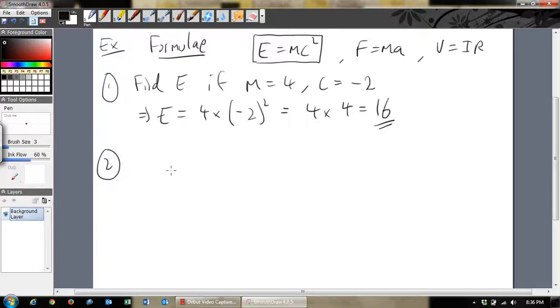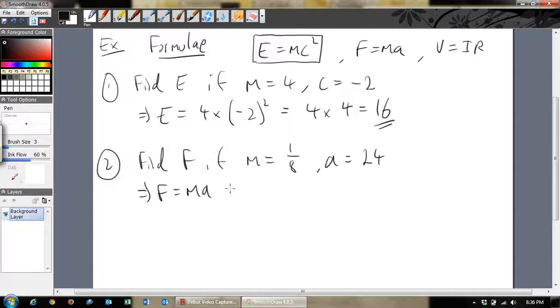Okay, another example. Find F if m is equal to 1/8 and acceleration, oops, I'll tell you what these formulas are in a second, I'll just finish this problem off, and a is equal to 24. Again, all you're doing is substituting them in.